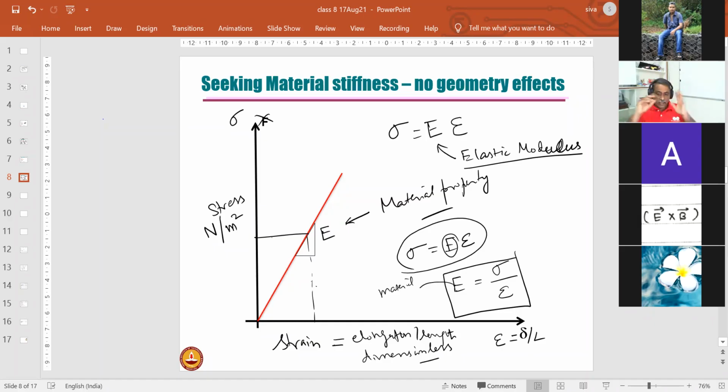So far, okay. Just spend 5 more minutes understanding this. This should completely get into your system. All right. Dimensionless. Okay. Usually what they do is, since this value is very, very small, they take epsilon to be percentage of the original length.